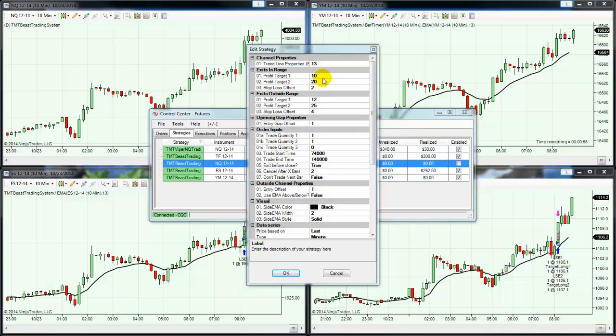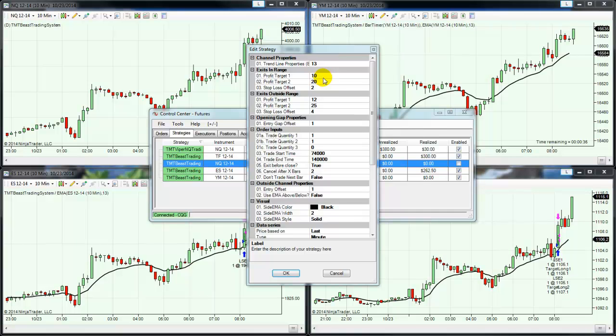What this does is it will take off the first order and lock in profits at 10 ticks. This will now make it a free trade for you and take the stress off of you. We built in psychology parameters to take the stress off the trader so you can trade a full day and not become emotional.